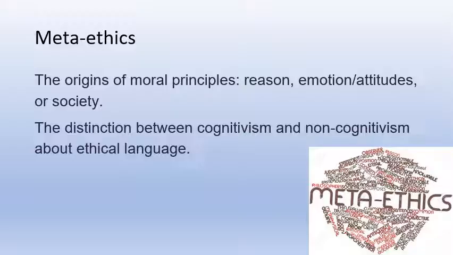And what that means specifically for meta-ethical questions is, what is the meaning of ethical language? So it's no longer just what actions are right and wrong, that's the normative level, but what do the words right and wrong actually mean?